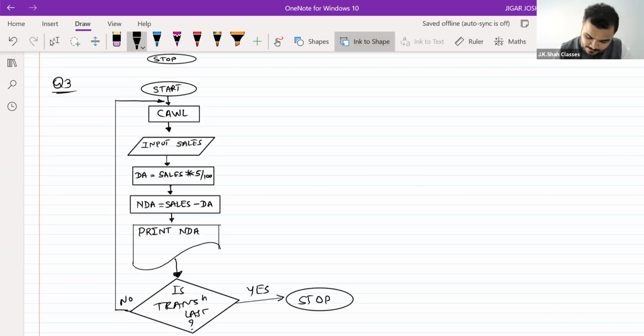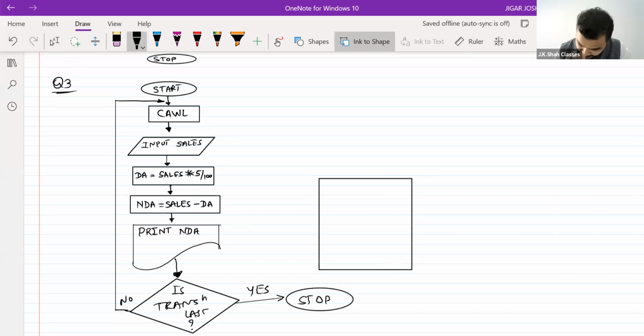One more thing, the index. What will we write in the index? First one, CAWL, clear all working location. Then DA, discount amount.